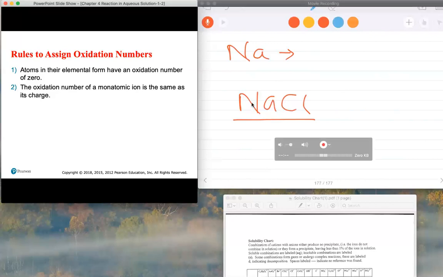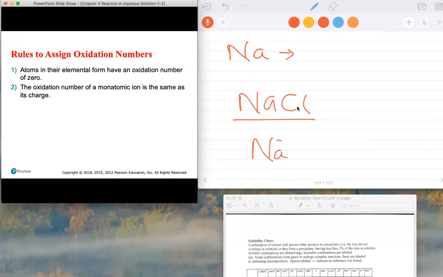I know this one has a +1, this is -1. So the oxidation state here is +1, whereas this one is 0. By looking, it is by itself, so it is an element, not a compound. Elemental state. On the periodic table, each box represents an element. That's how I know that it has an oxidation state of 0.